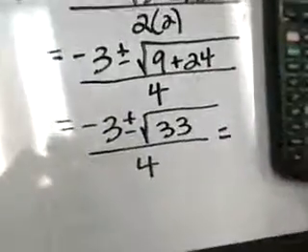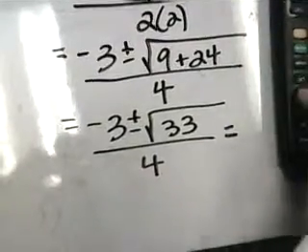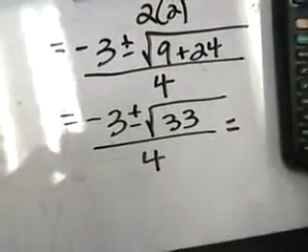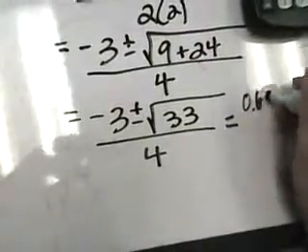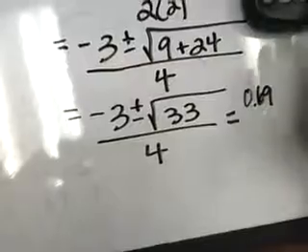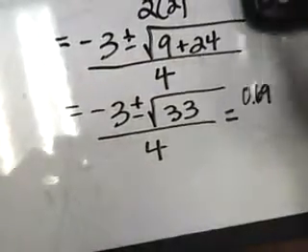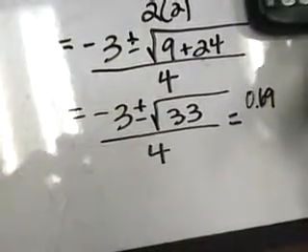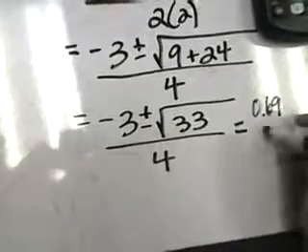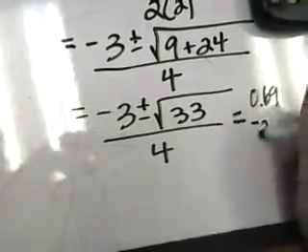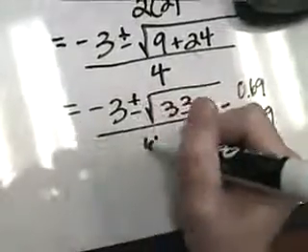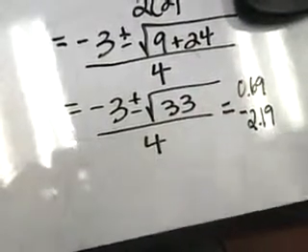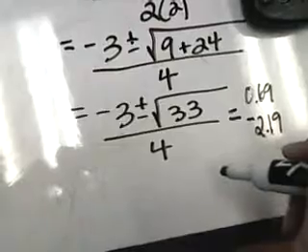If I do -3 plus the square root of 33, divided by 4, I get 0.69. And -3 minus the square root of 33, divided by 4, I get -2.19. Now remember, those are just estimates. That's not exactly what this is.